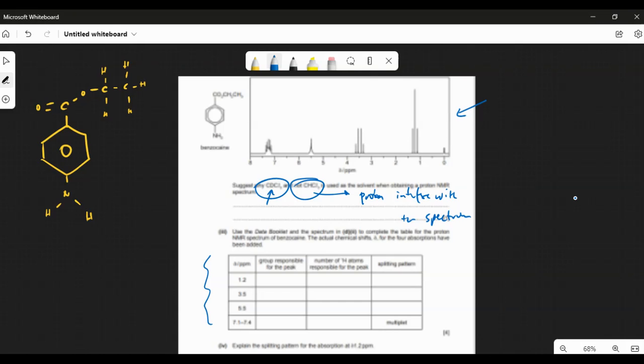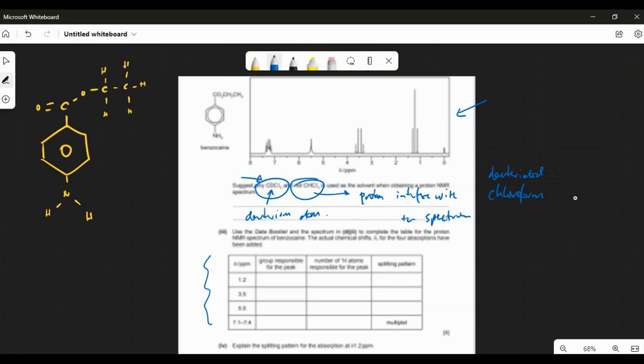This one has a deuterium atom in, and these won't interfere. So we use this as a solvent, CDCl3. Interestingly, this one's CHCl3 and CDCl3. They're known as chloroform, and the CDCl3 is known as deuterated chloroform because it's got a deuterium in.